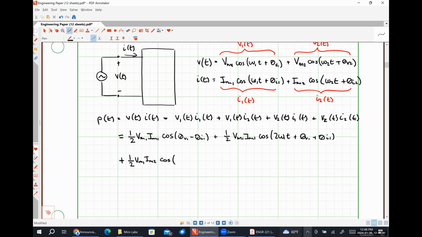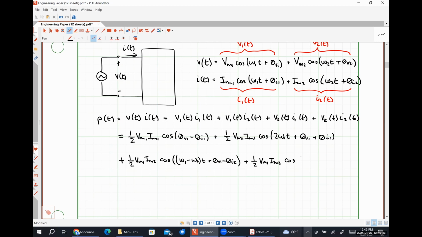So that's going to look like omega 1t plus theta V1 minus omega 2t plus theta I2, or omega 1 minus omega 2, all of that times time, plus theta V1 minus theta I2, plus 1/2 Vm1 Im2, and now I need to add those angles together.